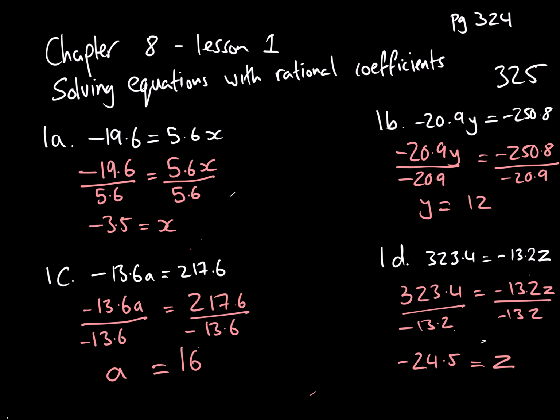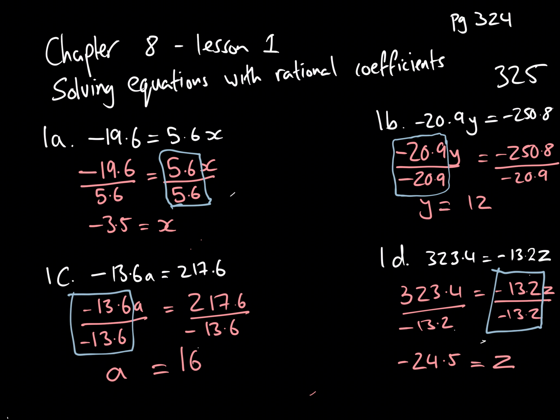Okay, as you can see from all these examples, you have to get x alone, the variable alone, so you divide that by the number that comes before the variable. After that, you have to divide the other side by the same number.